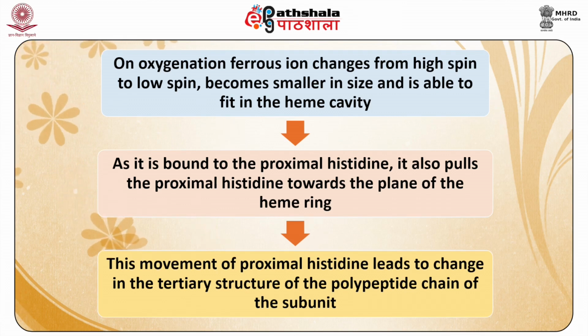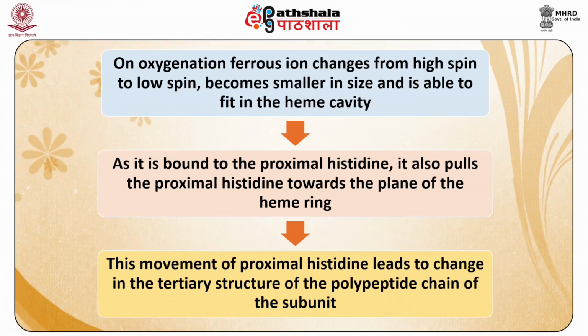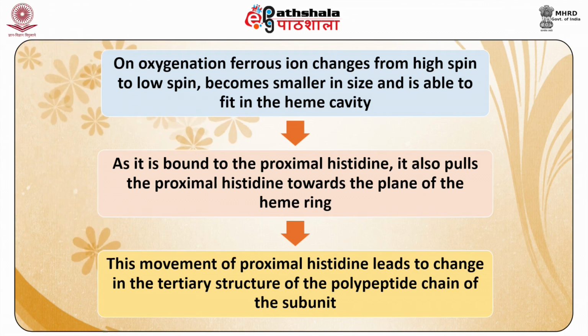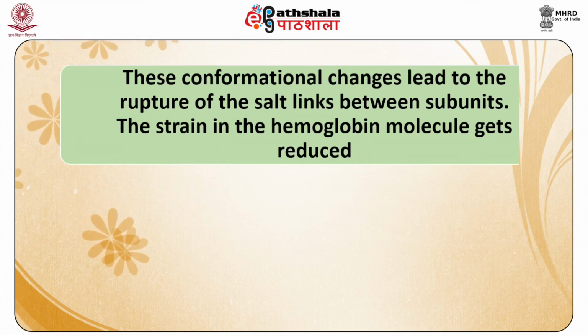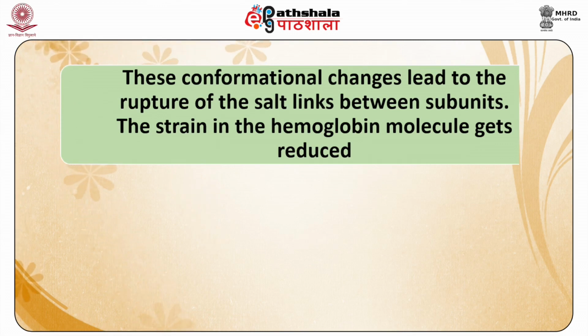This movement of proximal histidine leads to a change in the tertiary structure of the polypeptide chain of the subunit. These conformational changes lead to the rupture of the salt links between the subunits.